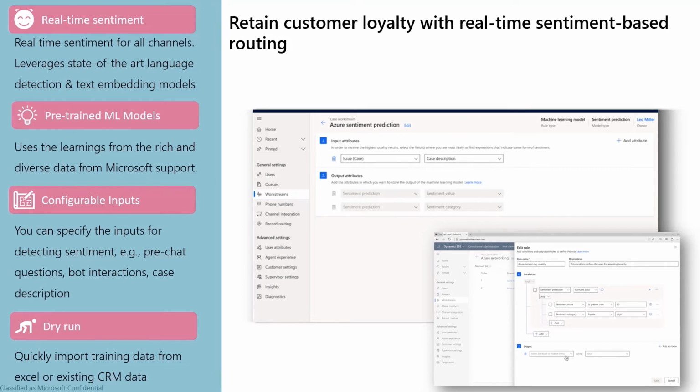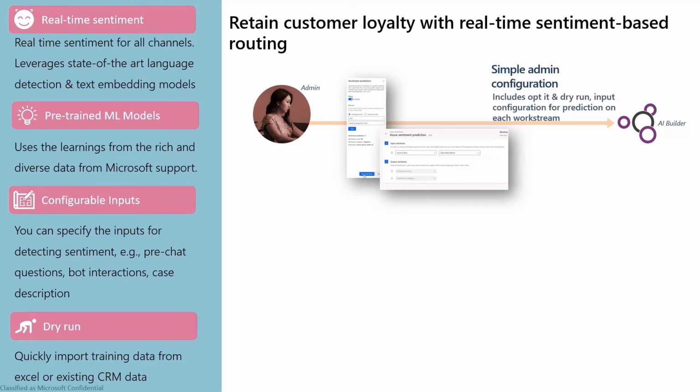Let us look at how this works. So the admin will simply turn on the sentiment based routing. It's a pretty easy configuration. It's just a button to click. And then the AI Builder will host that sentiment model, which will be enabled for your organization. Now you need to configure a few rules to decide what to do if the sentiment is bad.